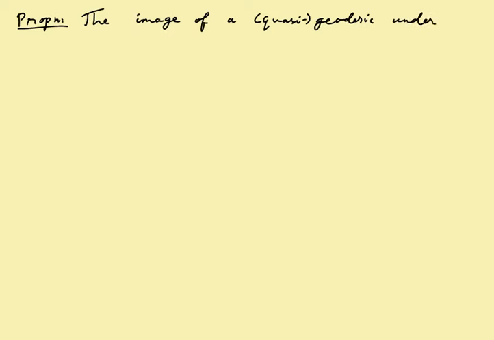So there's the following proposition: the image of a geodesic or a quasi-geodesic under a quasi-isometric embedding is a quasi-geodesic. So QI will be used for quasi-isometry all the time since it's such a common word.